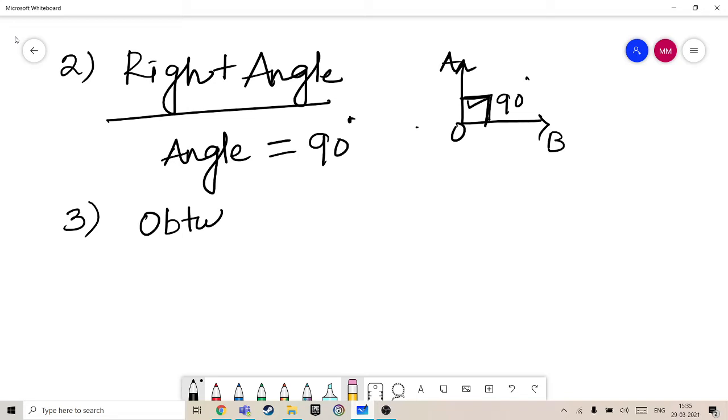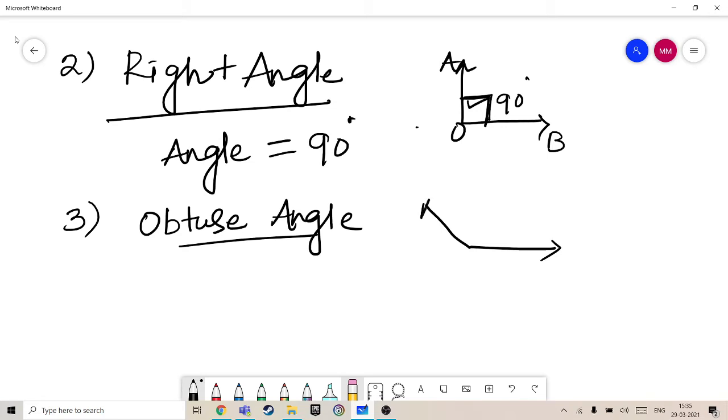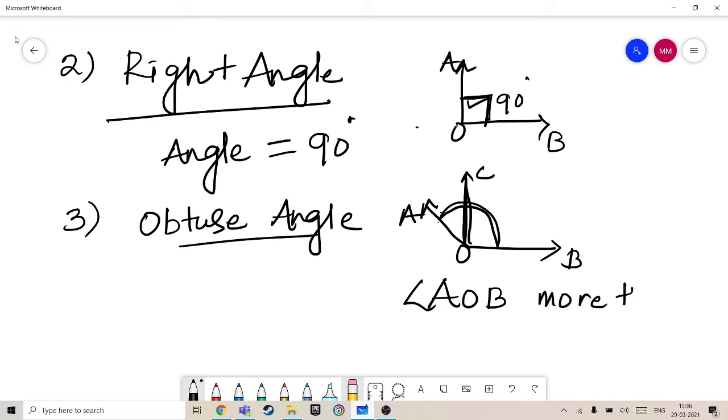Then obtuse angle. When the angle is more than 90 degree. This is 90 degree, this one. But here, this is more than 90 degree. This is A, O, B, this is C. This AOB angle is more than 90 degree.